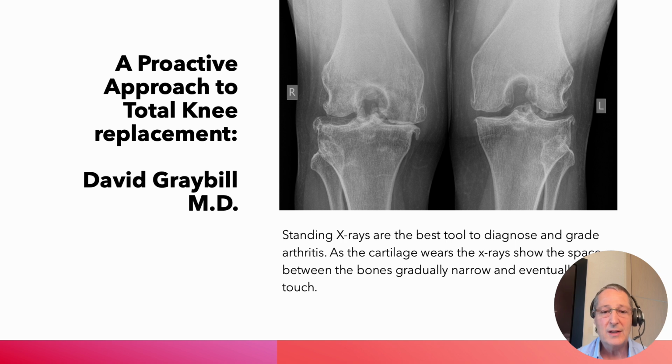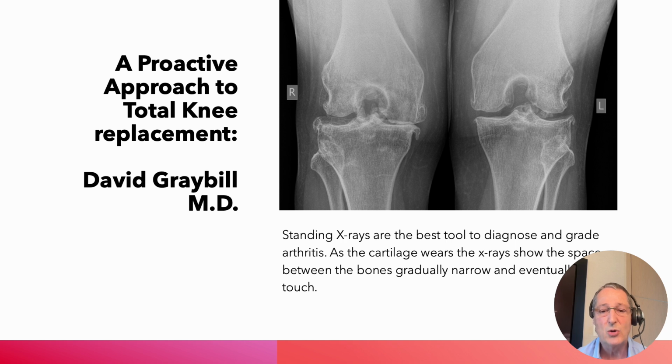When we look at the knee labeled R, which is on your left, the medial side, which is the inside near where the knees would touch, you can see the bone is touching. There are also spurs. That's new bone adjacent to the normal bone that has formed. Those are called spurs or osteophytes. That's a reaction to arthritis.